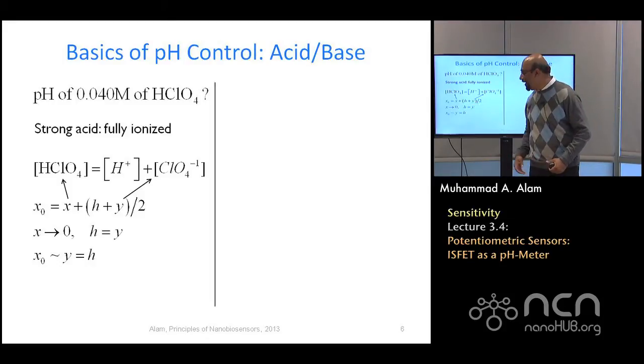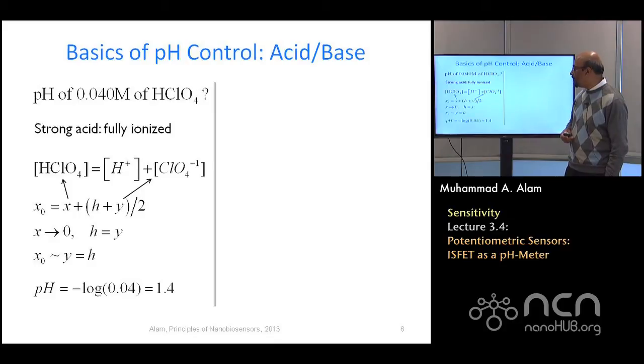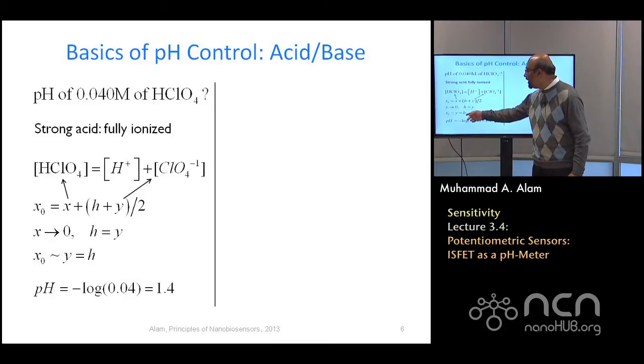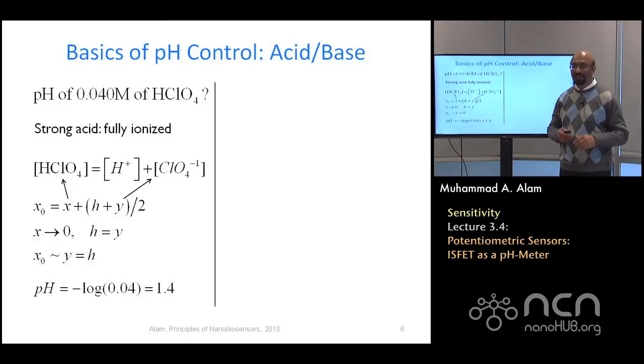There's no X left, and H is equal to Y. So once you solve for it, you will get the solution for the pH for this particular case. It turns out that it is simply equal to the original amount of acid that you added. And here the pH is 1.4. Lower the pH, more acidic it is. So that is something to remember.